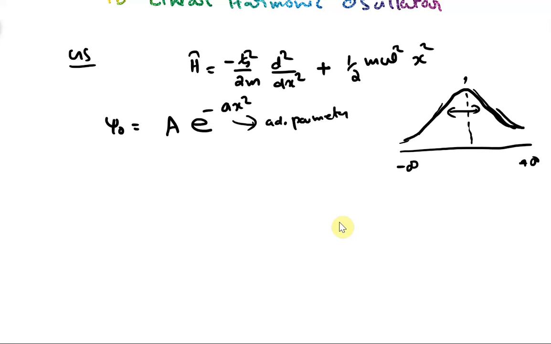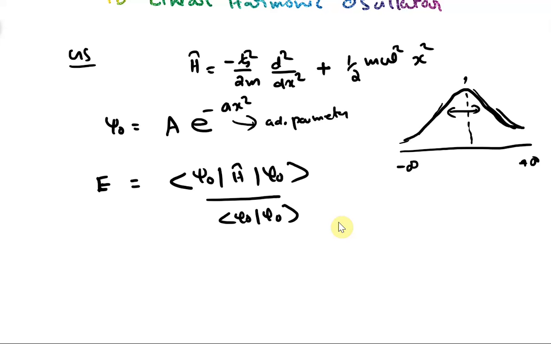The working procedure is to find the energy function, and that is obtained with this expression. If you have a trial wave function, let's say psi naught, the energy is psi naught H psi naught divided by psi naught psi naught, if it is not normalized. Otherwise, the best way is to normalize it and continue with the above expression. So I'm normalizing this wave function now.